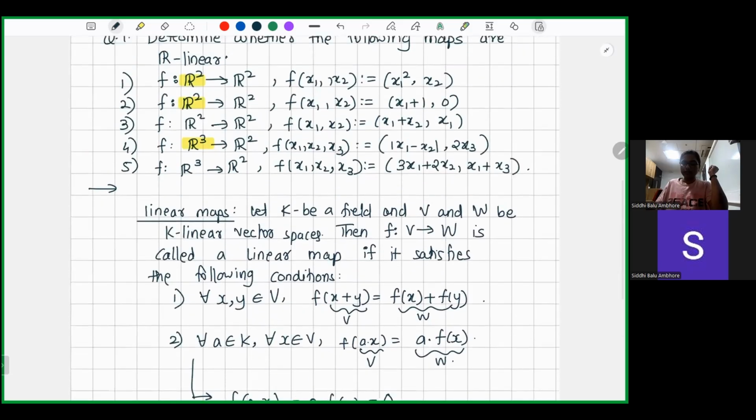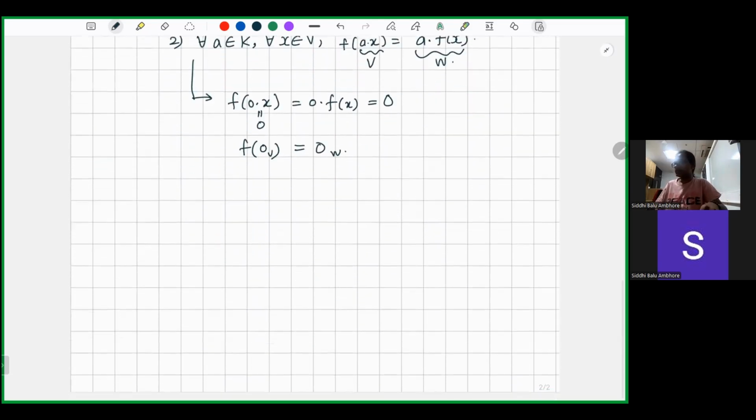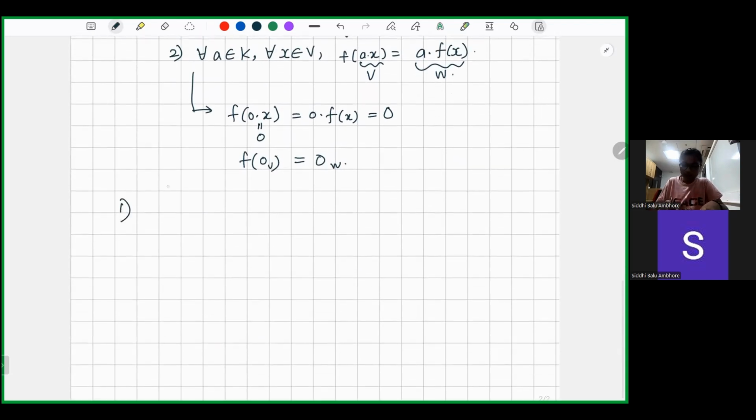So let us start with the first map. The first map is f from R2 to R2, and it is f of (x1, x2) going to (x1 square, x2).